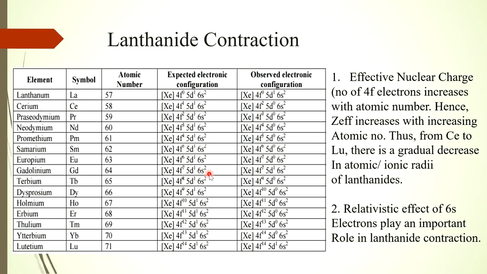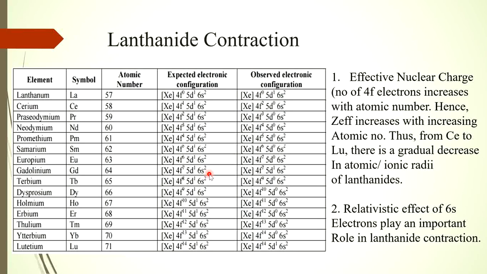Thus, it is due to the gradual increase in the effective nuclear charge that the size of lanthanide atoms, or you can say ions, decreases gradually with increased atomic number. So the overall size of the lanthanide atom or ion decreases with its increasing atomic number, which is regarded as the lanthanide contraction.